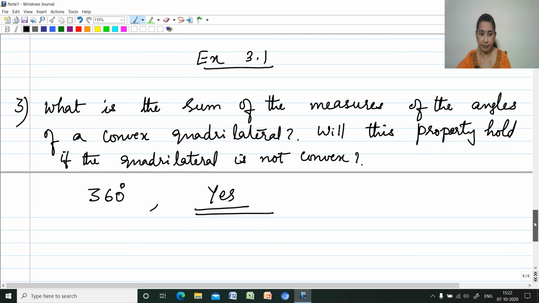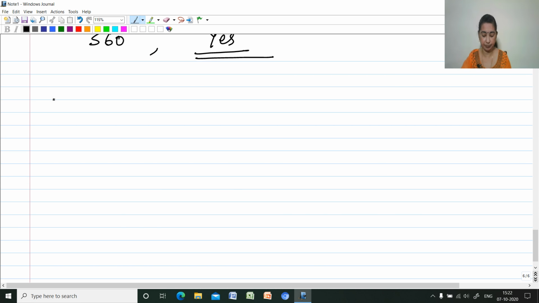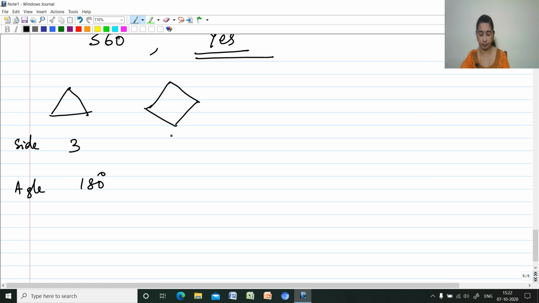Now a table is given there. Examine the table. Given there is a triangle, number of sides 3, angle sum 180 degrees. Then the second one is a quadrilateral, a four-sided figure. It is written there as 2 into 180 degrees, or it can be written as (4 minus 2) into 180. What can you deduce from this?